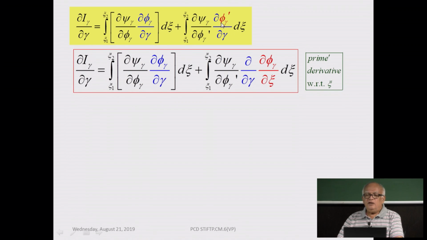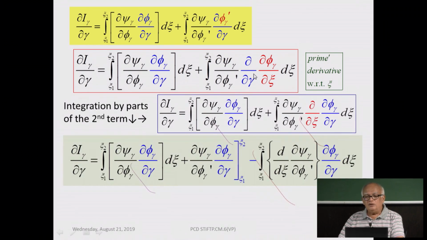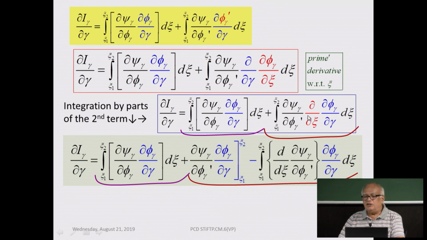So, here this is del by del gamma of phi prime, and phi prime itself is the derivative of phi with respect to xi. Now, there are two derivative operators here, one is del by del xi and the other is del by del gamma, and they are completely independent of each other. So, you can swap their positions.